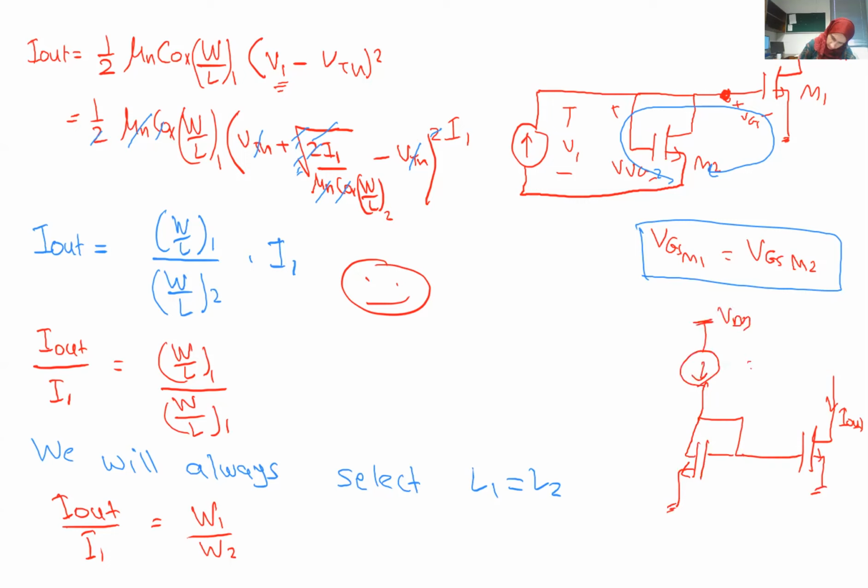Sorry, this is IREF. This is M2 and this is M1. It's the same circuit. I just flipped the drawing of M2. Now if M2 is, let's say, 1 micro and M1 is 10 micro, then I out will be 10 times larger than the value of IREF.